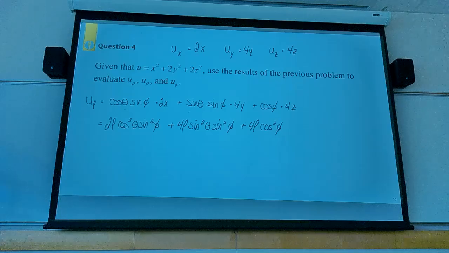Is there any way to simplify that? You could. What benefit will that serve? You can't.